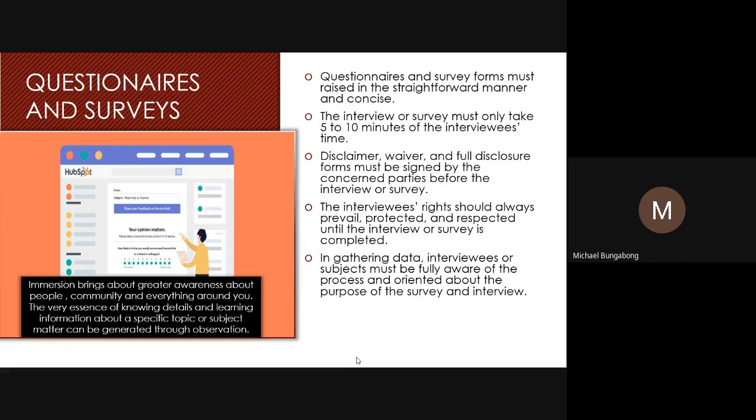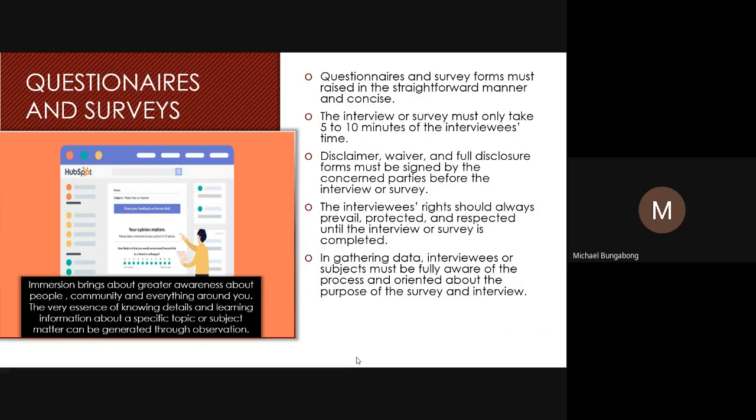All right. So at this stage, class, you must have already identified who the interviewees or subjects will be, and of course, how many. It depends on the title that you have. It depends on the qualification and number of samples that you want. Okay.